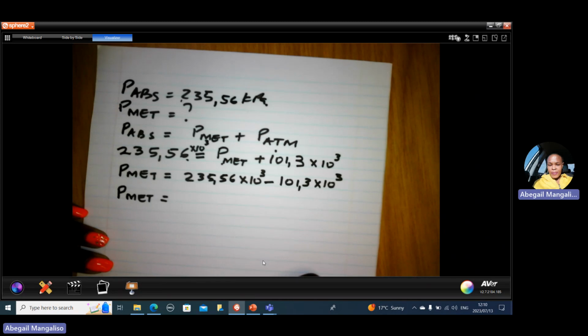So it is 235,56 times 10 to the power 3 minus 101,3 times 10 to the power 3.